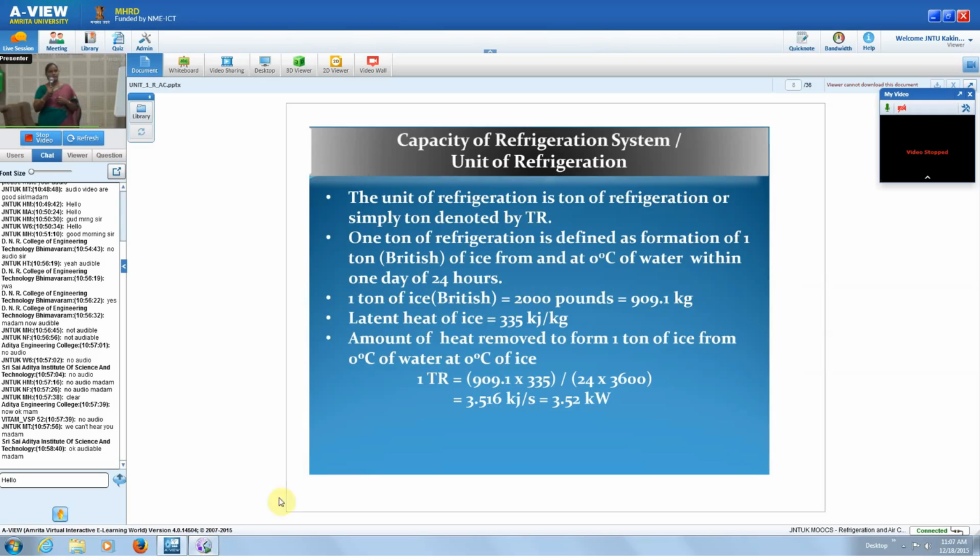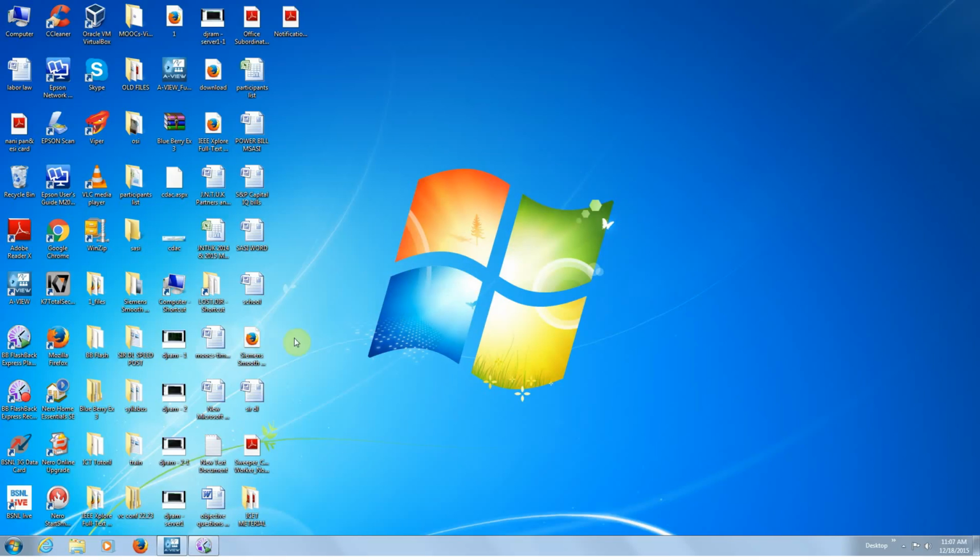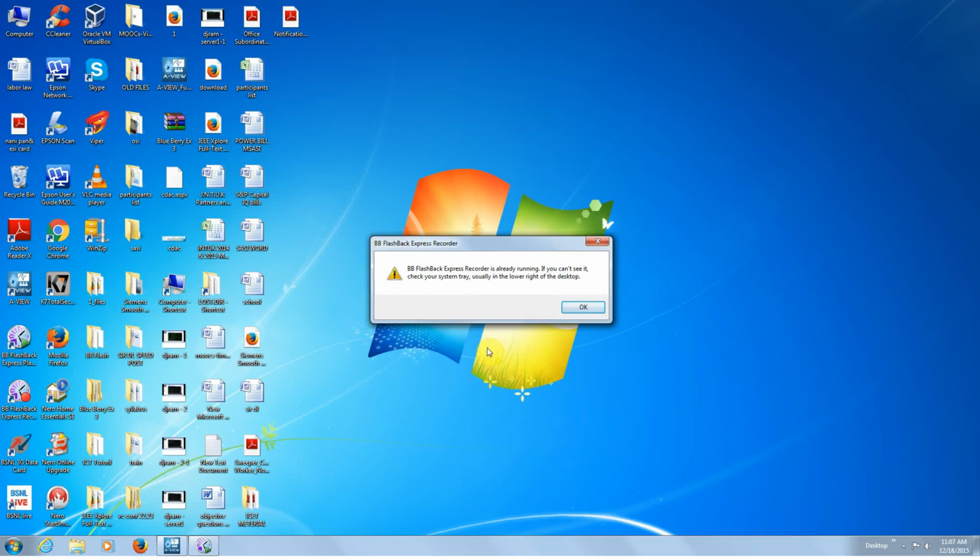So divided by 24 into 3600 gives 3.516 kilojoules per second, or it can be approximated as 3.52 kilowatt.